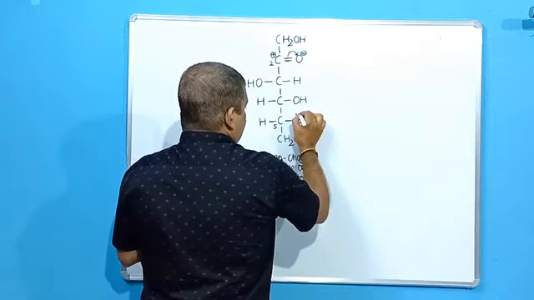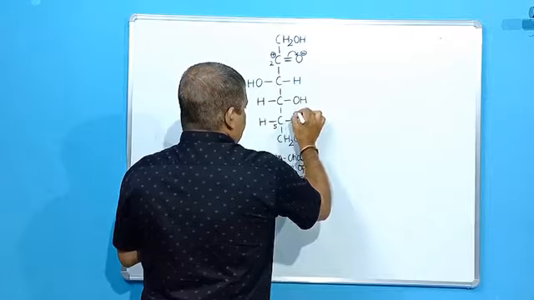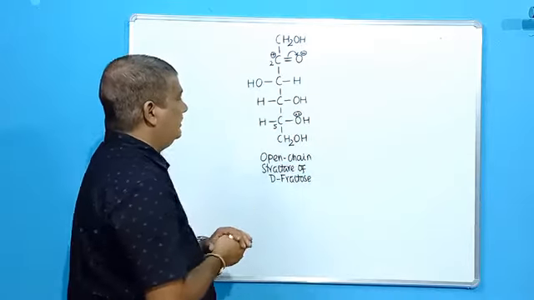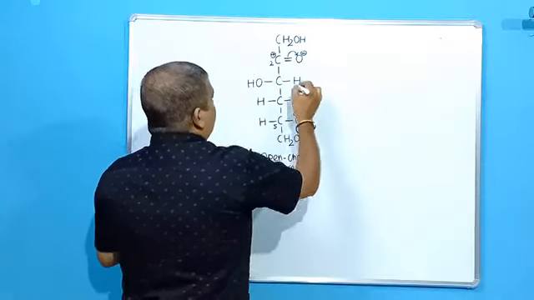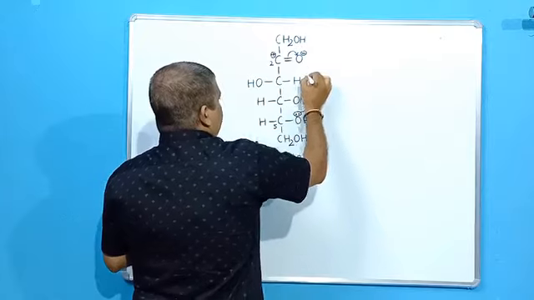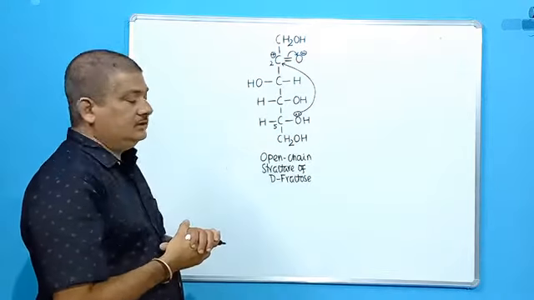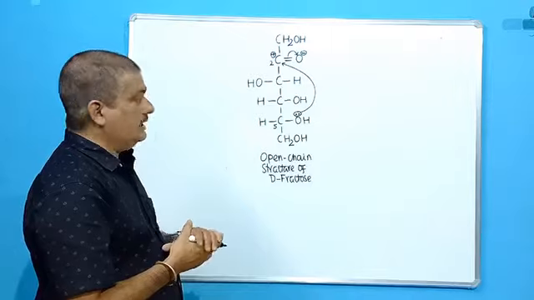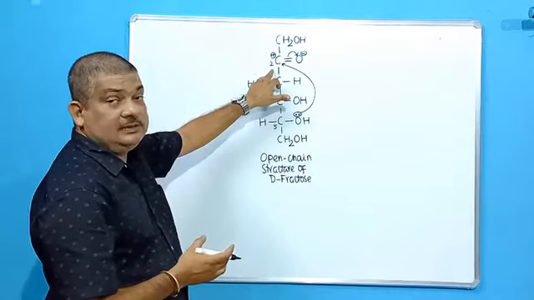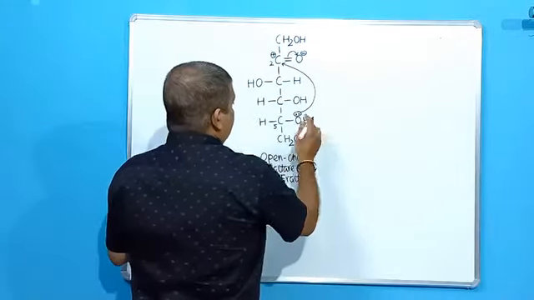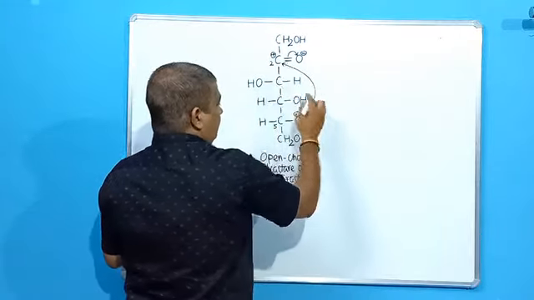Then there is an electron pair here which will attack this carbon atom. The lone pair of electrons present on oxygen will attack this carbon atom because it has gained a positive charge. Now the oxygen will be attached to the second carbon atom.